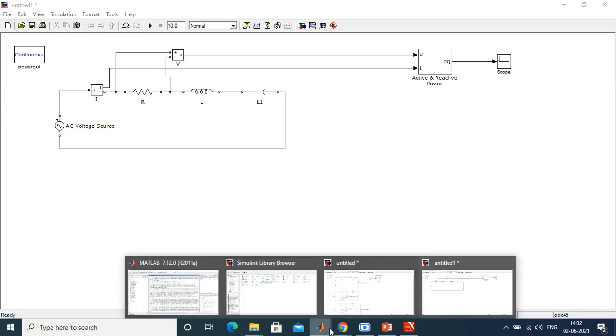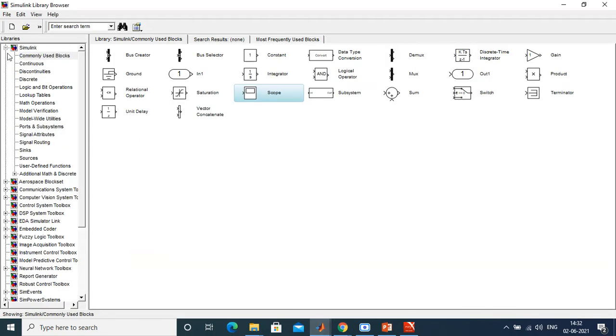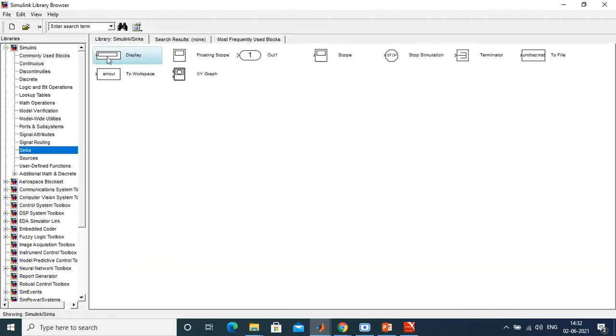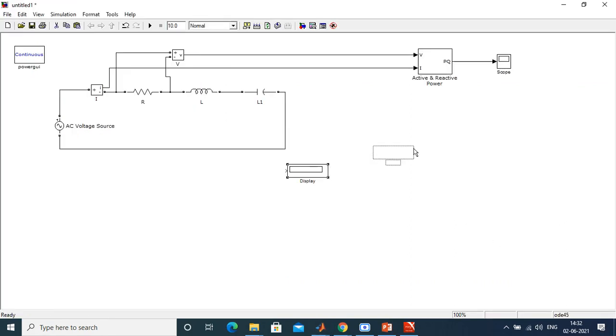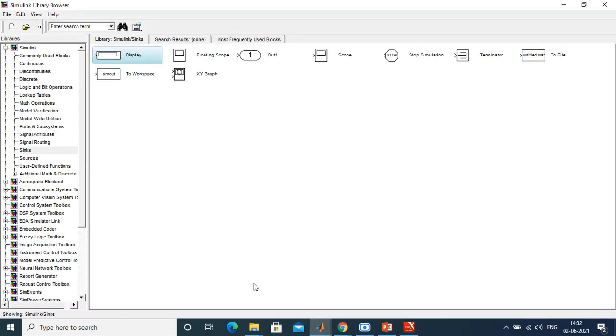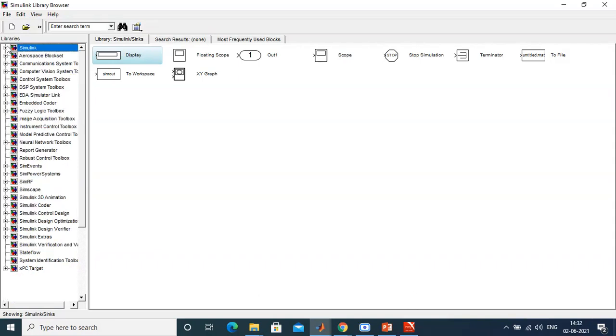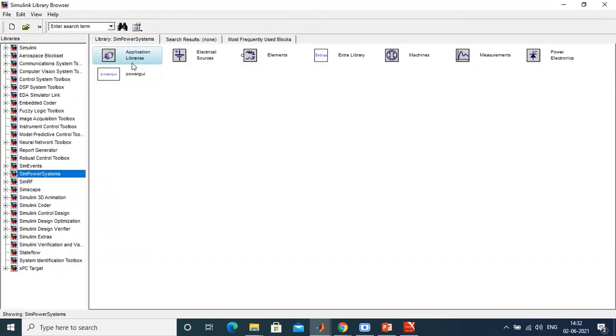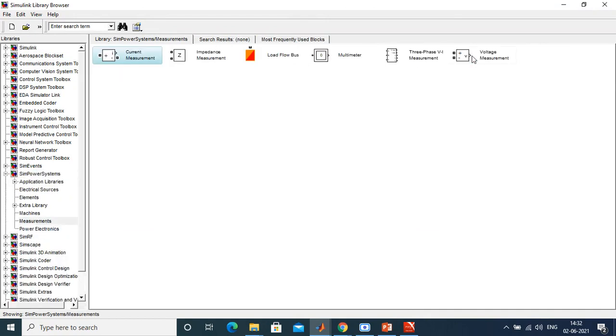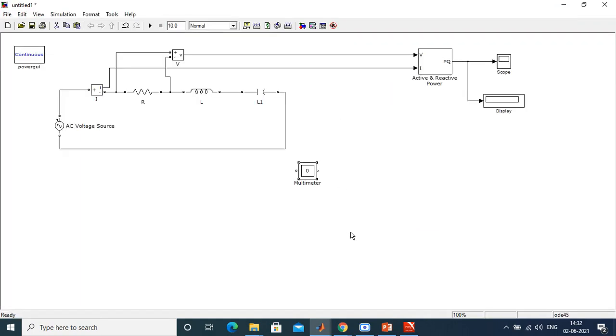Okay, suppose what happens when a display is connected. And one more thing, what happens when I take the multimeter option also. I will explain this concept now in this same circuit. Go to the measurements, multimeter. Okay, now the same display I will take.